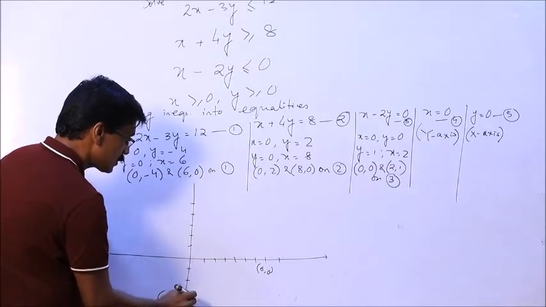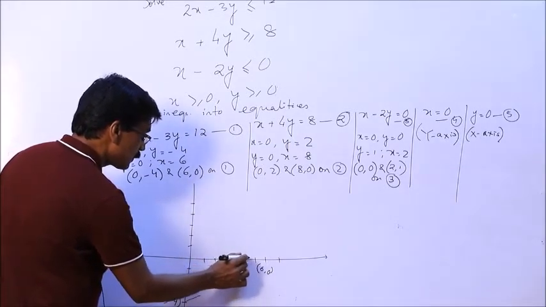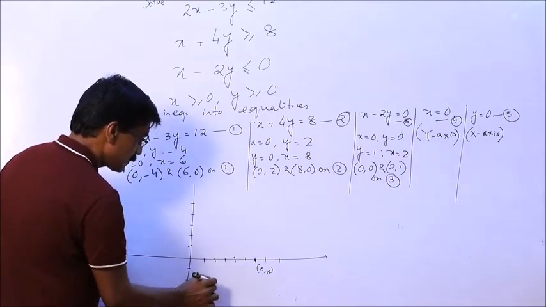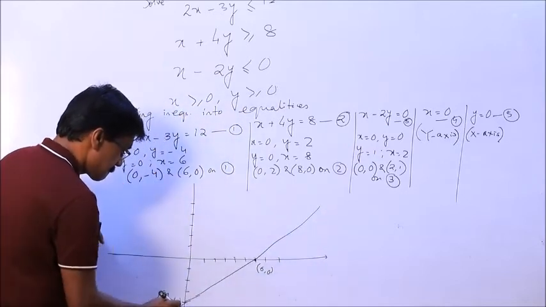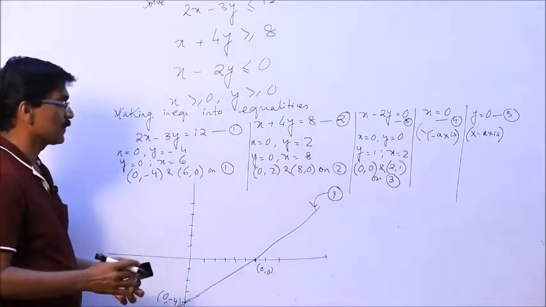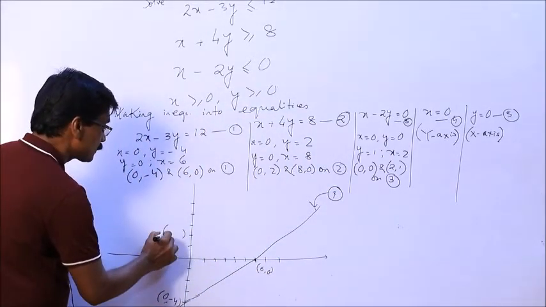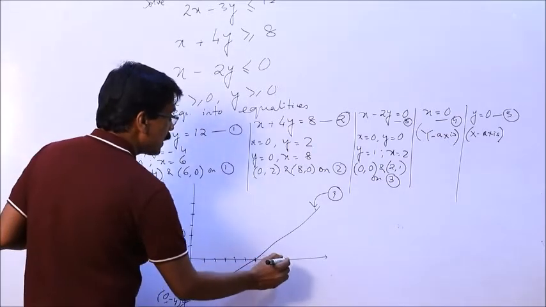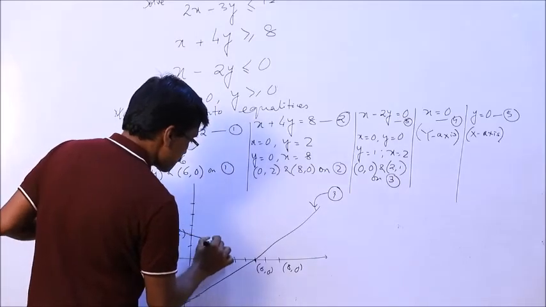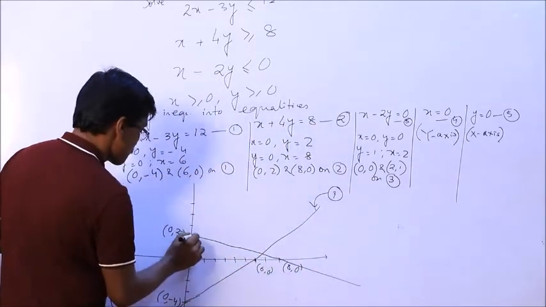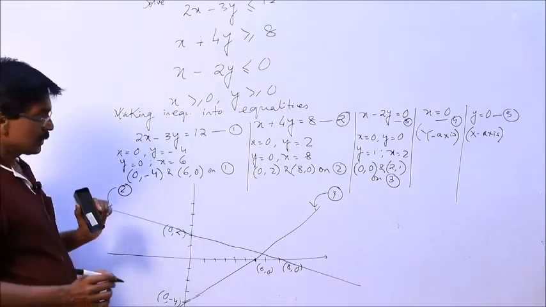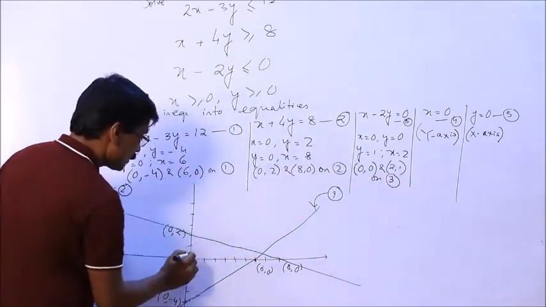So, this is equation 1. Then 0, 2 and 8, 0. And the third equation is 0, 0 and 2, 1.